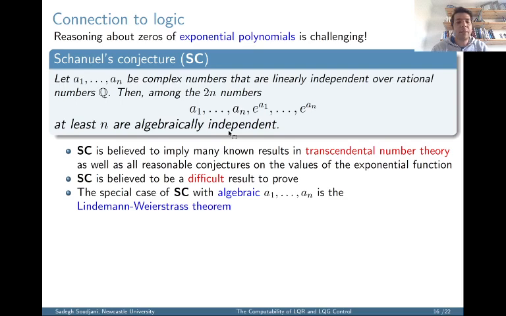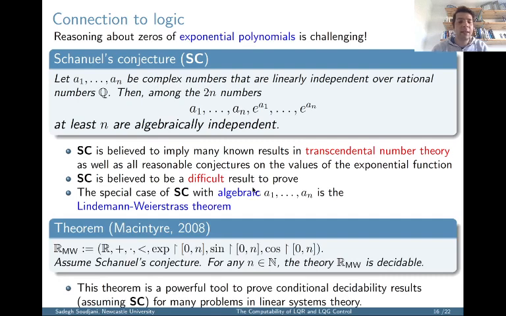One of the nice things about this conjecture is that if we restrict the inputs like a1 until an to be algebraic, we get the Lindemann-Weierstrass theorem. So it's a kind of generalization of the Lindemann-Weierstrass theorem, but we don't have any proof for this yet. If this conjecture is true, we get the decidability of the theory of reals extended with exponential, sine and cosine functions over bounded domains.